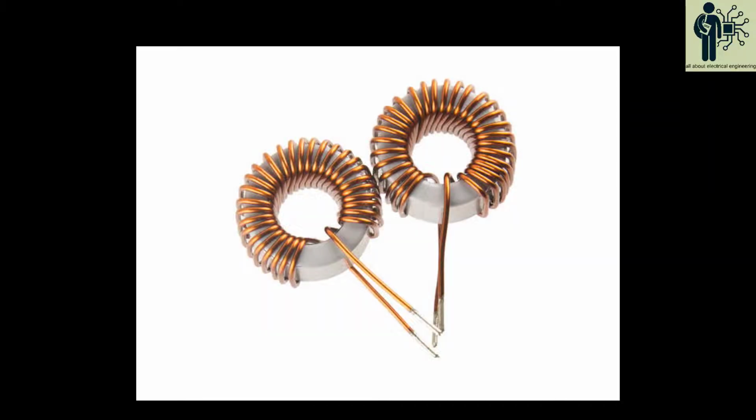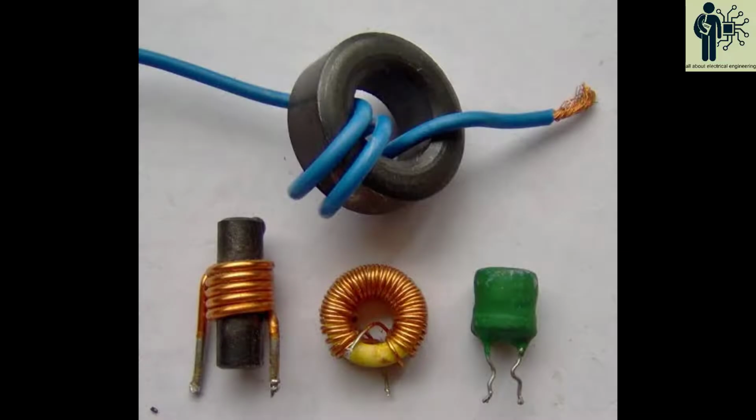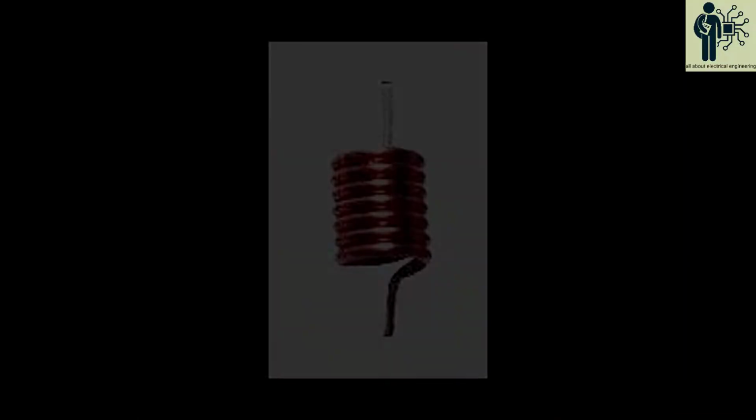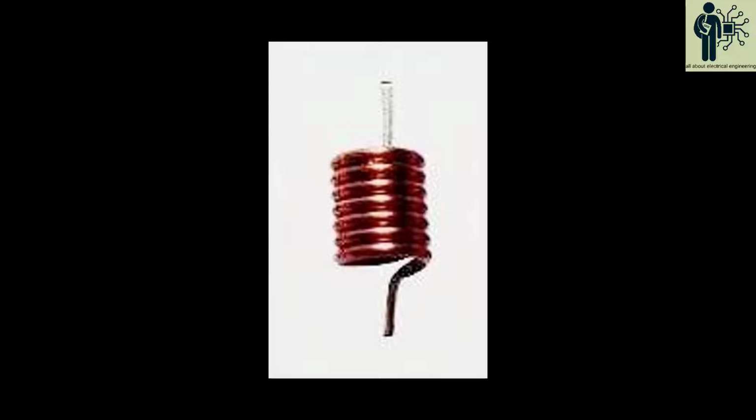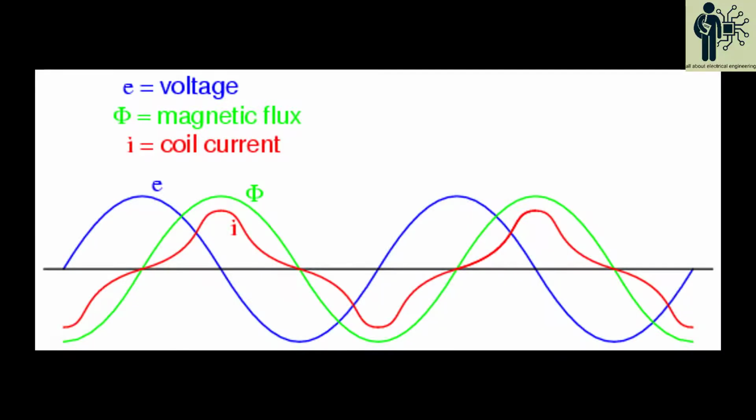So, the inductor is a temporary storage area for energy. This energy stored in the inductor resists changes in the current. So, the current in an inductor cannot change instantly. It always lags by a certain amount of time.